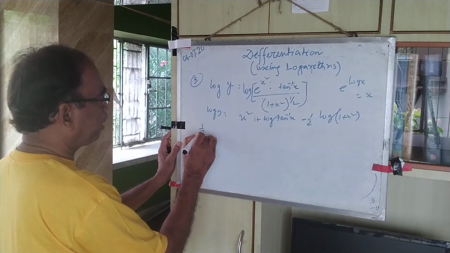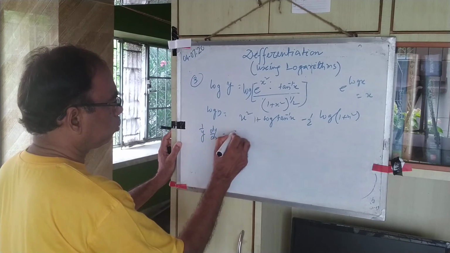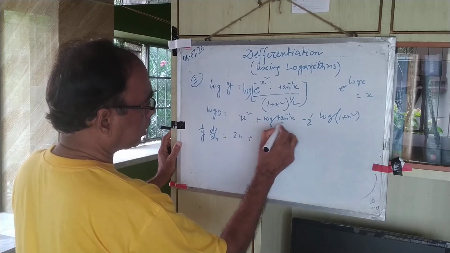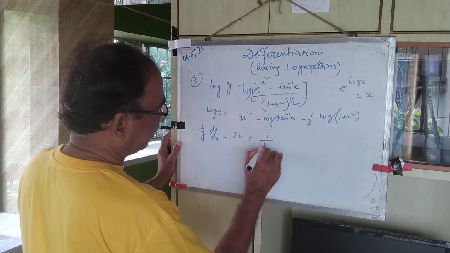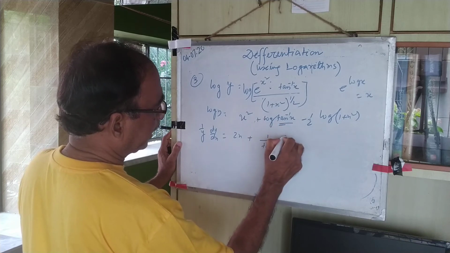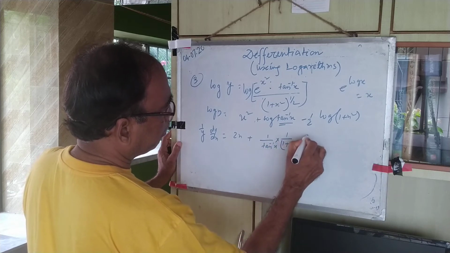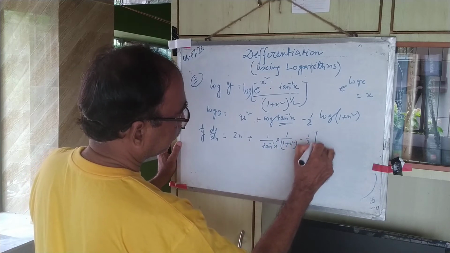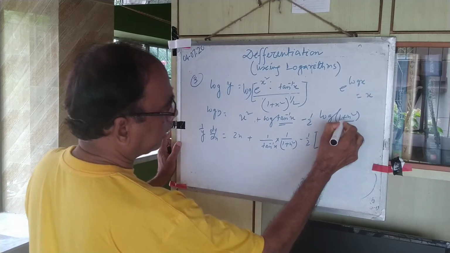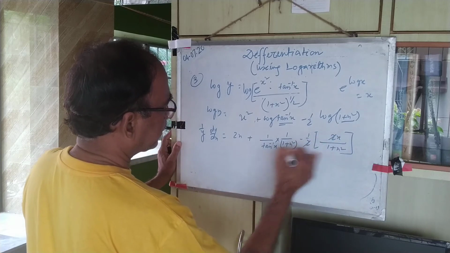Then 1 by y dy by dx equals 2x plus, the derivative of log is 1 by tan inverse x, into then by chain rule the tan inverse x derivative, 1 by (1 plus x square), minus half, the derivative of log this is 1 by (1 plus x square), then chain rule 2x, the 2 cancels.